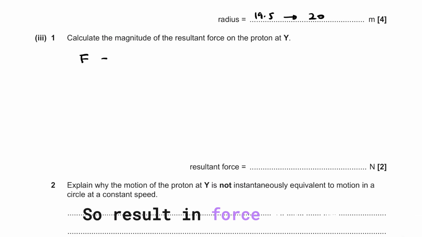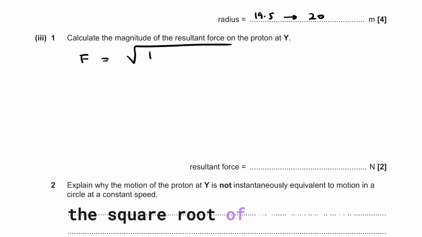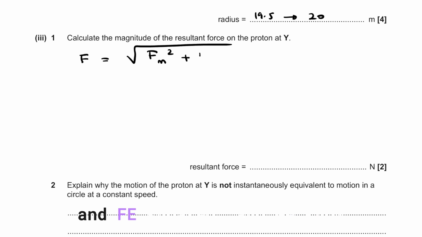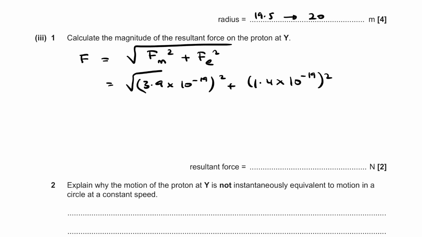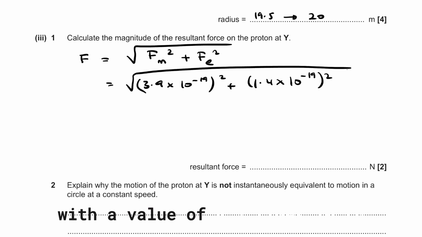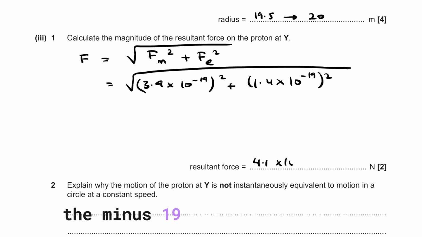The resultant force will be the square root of Fm squared plus Fe squared. And we know the values, and we would end up with a value of 4.1 times 10 to the minus 19 newtons of force.